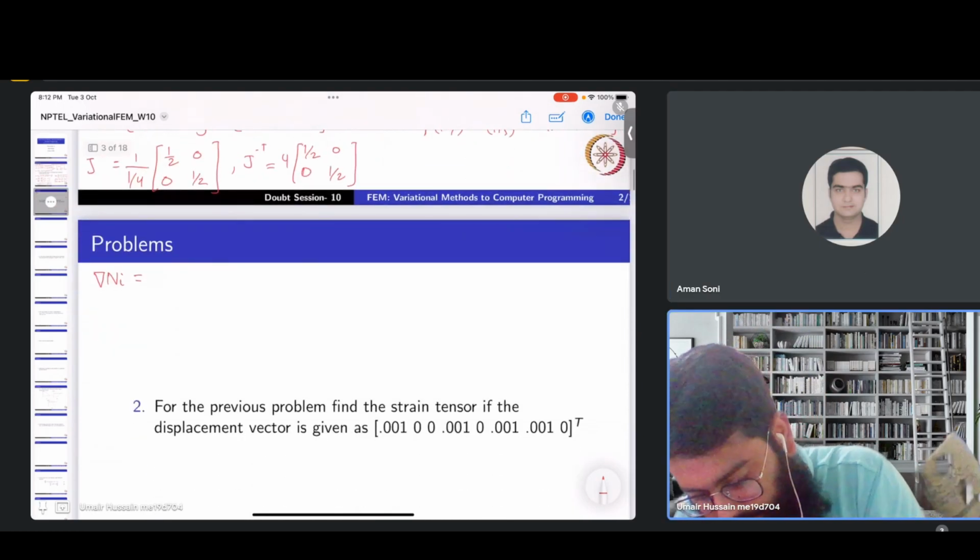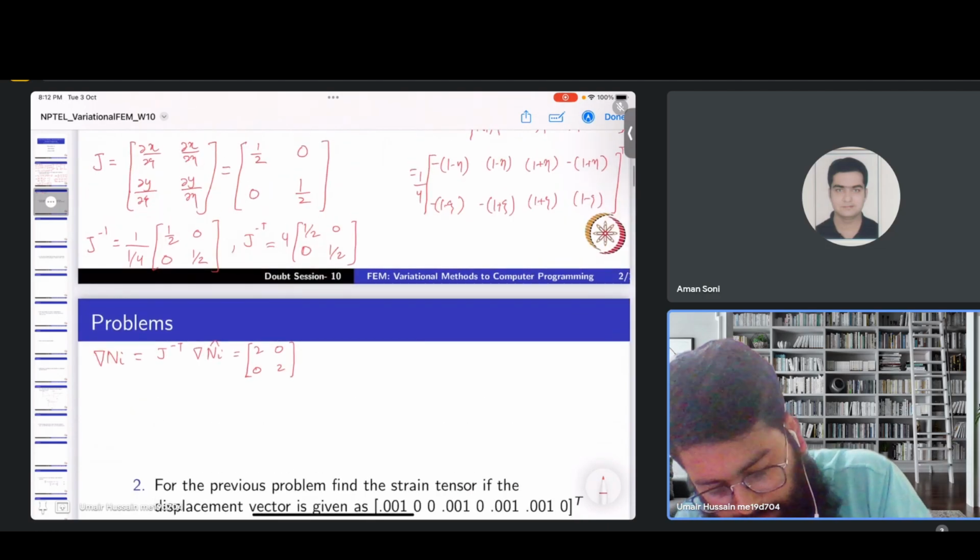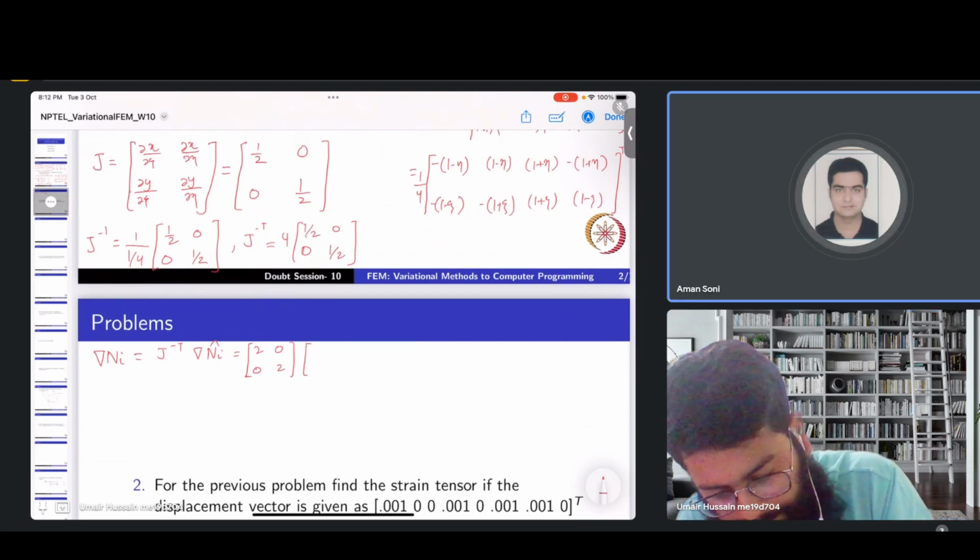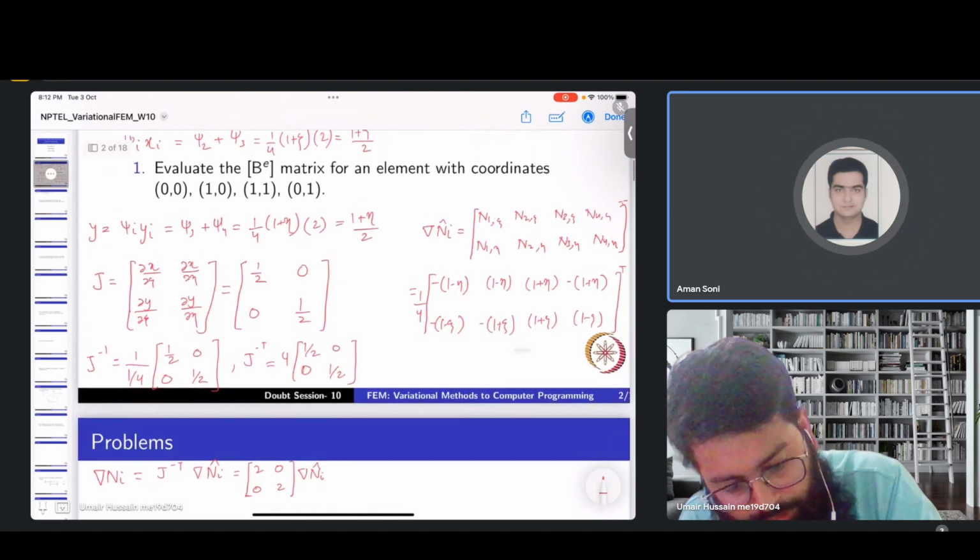So the formula was something like this times, that is just 2002 times. I think that this was right. And there's no transpose here.